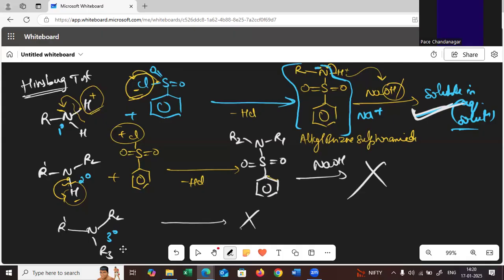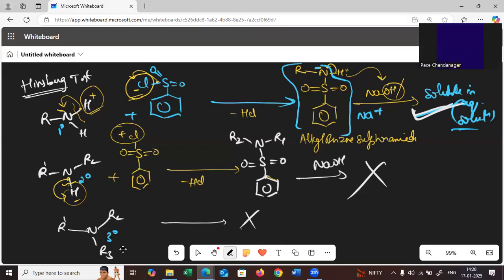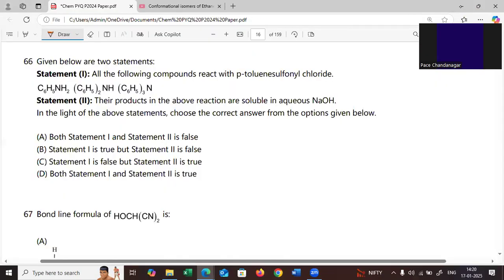We will be getting the Hinsberg test for 1 degree amine. That is the trick there, and you should remember it, otherwise this is how the reaction goes. Whenever you see benzene sulfonyl chloride or p-toluene sulfonyl chloride also, you would definitely go with the Hinsberg test. And the Hinsberg test is shown only by the primary amines.